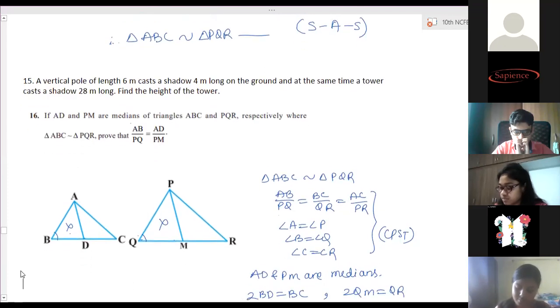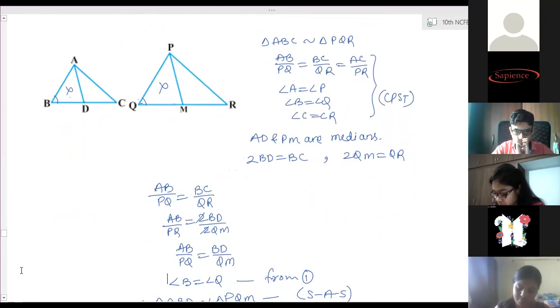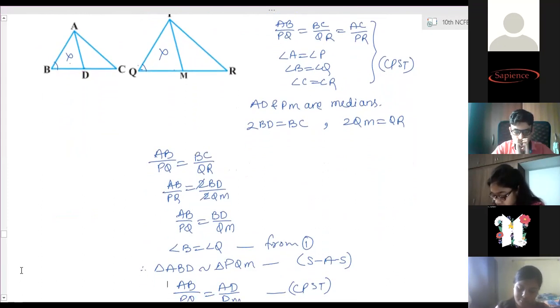By SAS similarity, you have to show ABD and PQM are similar. Done, Ronak?